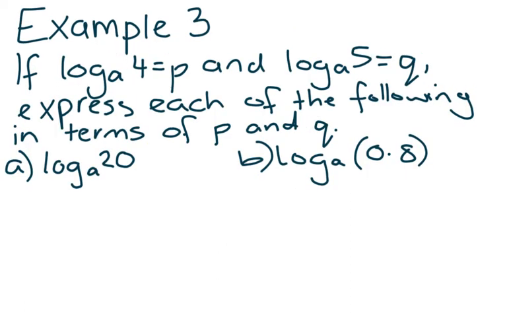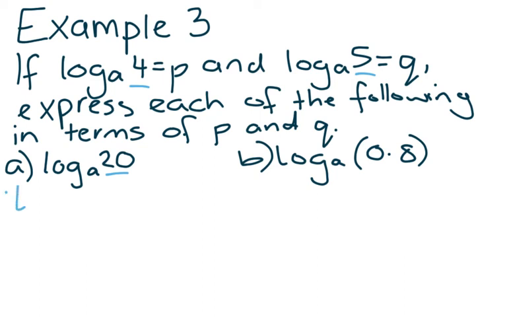Next example, if log base a of 4 equals p and log base a of 5 equals q, express each of the following in terms of p and q. So log base a of 20. What we're looking for is, how do we get 20 from the numbers 4 and 5? The only way we can do that is by multiplying them.